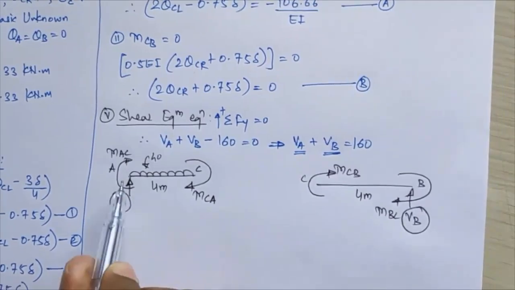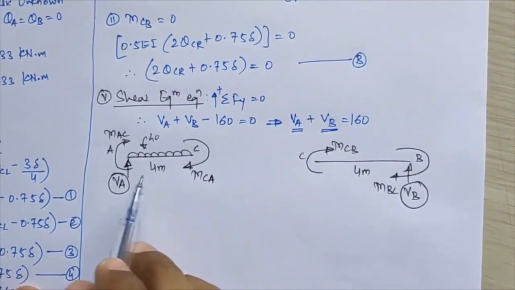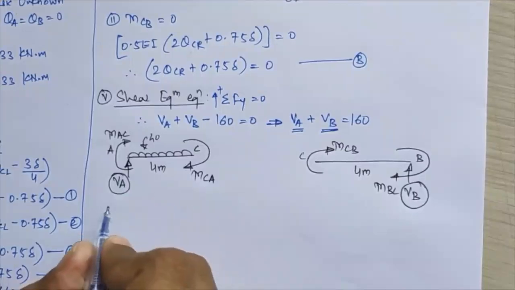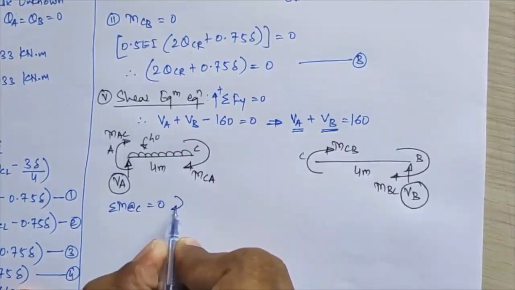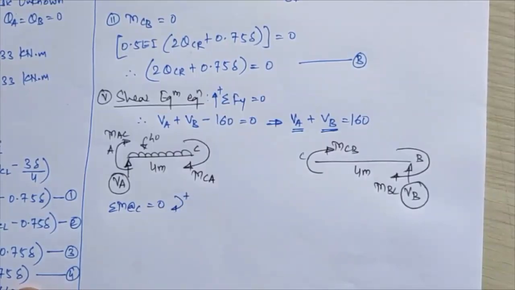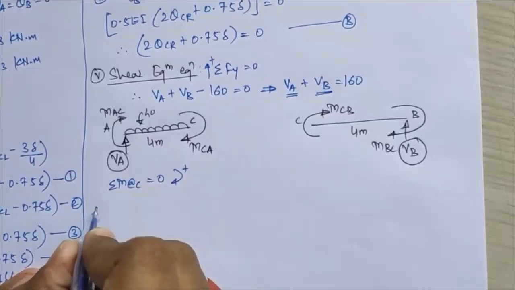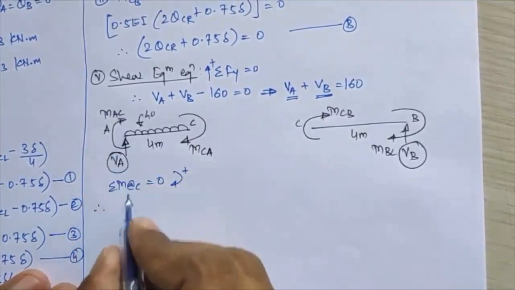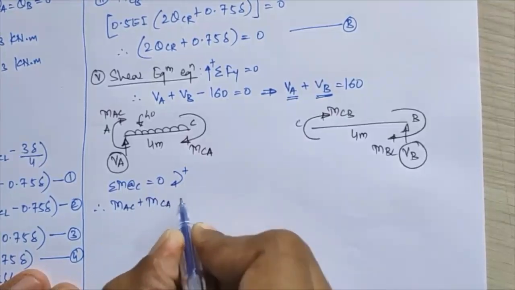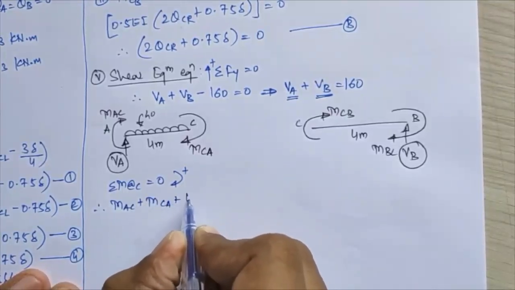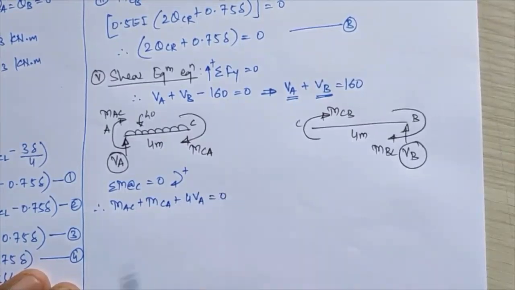So for the first member I am considering AC over there. To calculate VA, what I need to do, I need to take the moment at joint C equal to 0, considering clockwise moments as positive. That is our natural sign convention. So what I will get here, that is MAC plus MCA plus 4 times VA is equal to 0.